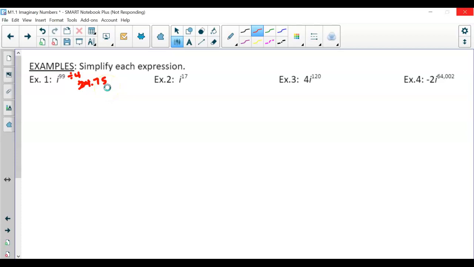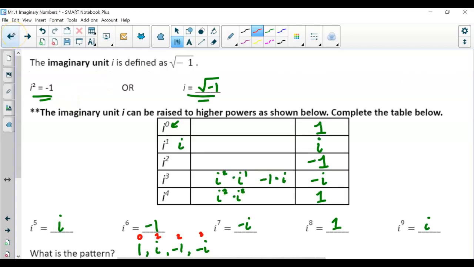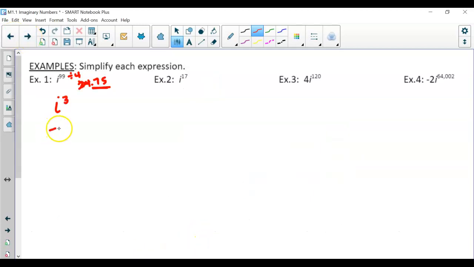Well, 75 cents is 3 quarters. So if this is 3/4, then i to the 99th is the same as i to the third power. Go back to the pattern: anything with the third power is negative i.